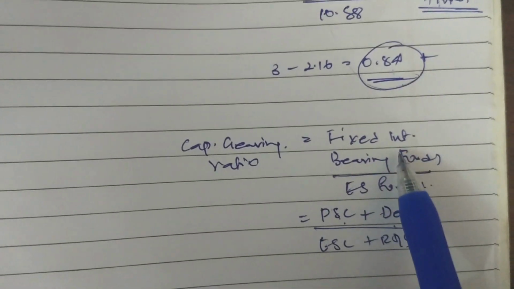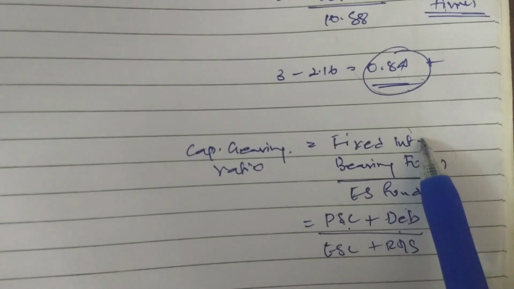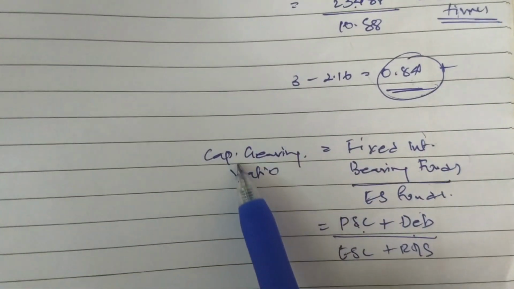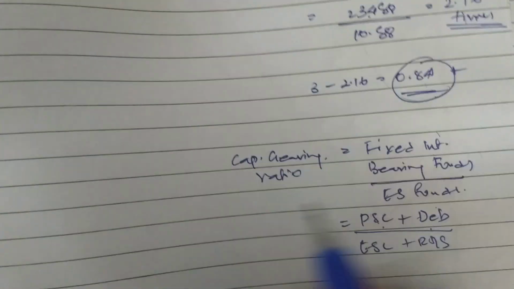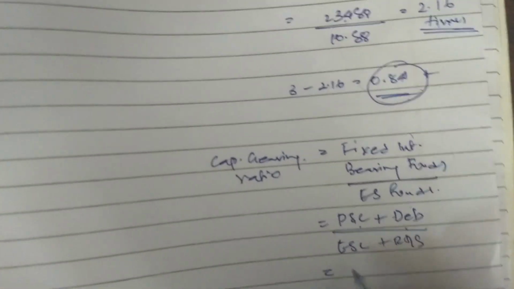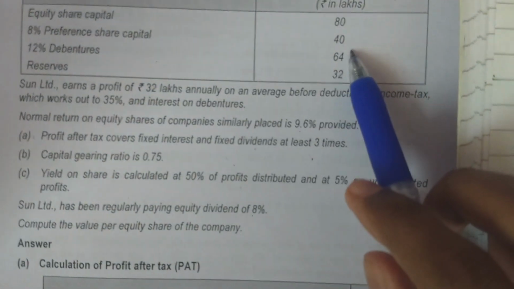So what is the extent to which the fixed interest bearing funds have on equity share funds? Now, let's find what it is. It's preference share capital, which is 40, plus debentures, which is 64.